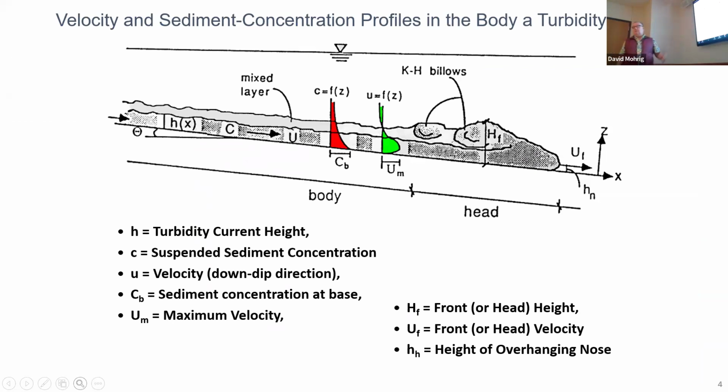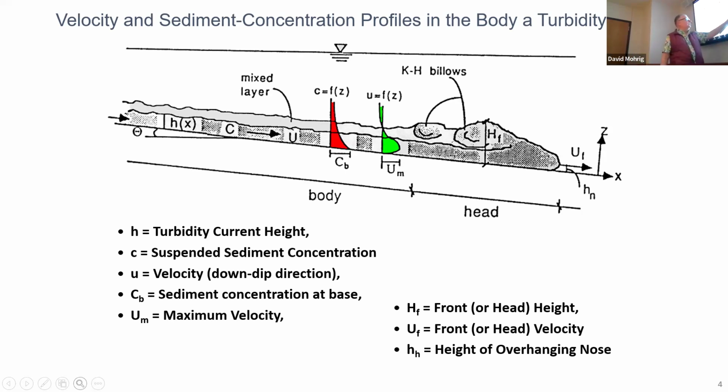So we're going to look at turbidity currents first. This is a cartoon of a turbidity current. We're going to watch a movie of one in just a moment. This is the bed. Here we have the current punching its way through. This is a mixture of water and suspended sediment, and that mixture is slightly more dense, usually less than 1% more dense than the ambient clear water, and it literally punches itself through the water.